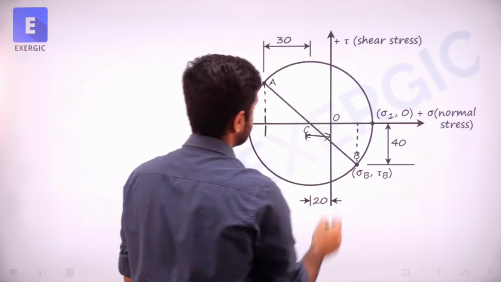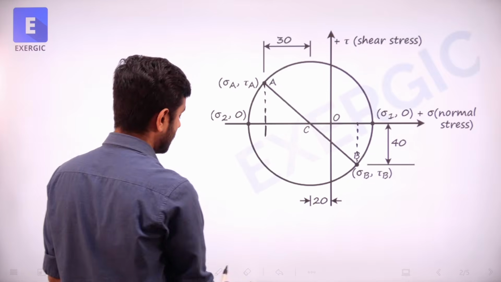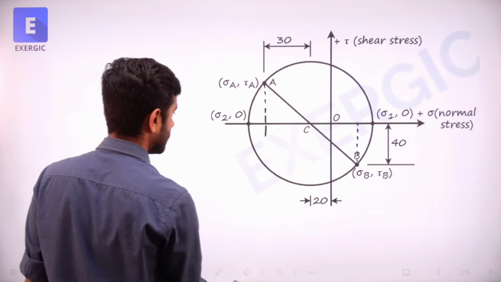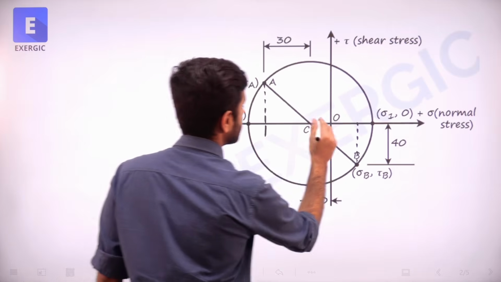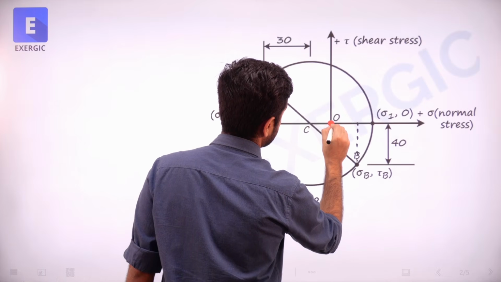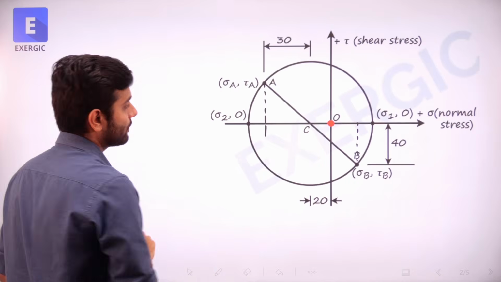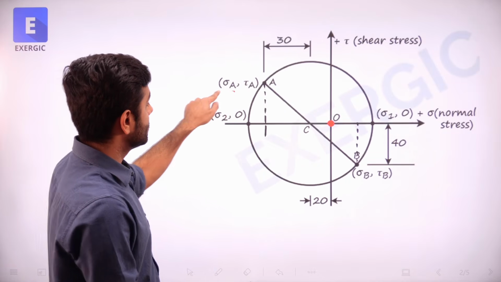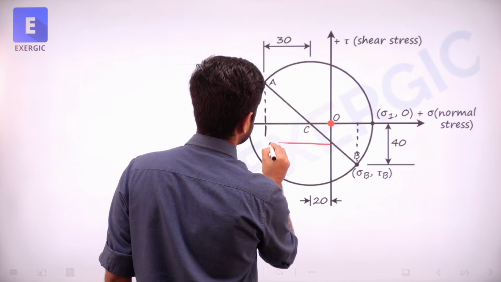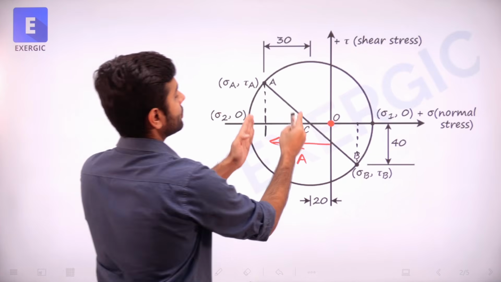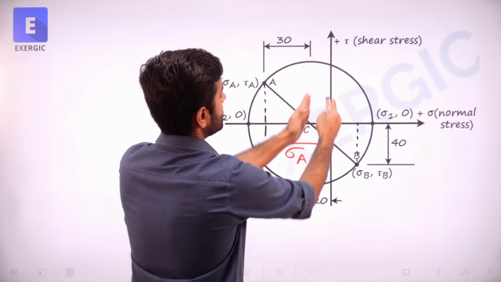Now the question is asking you sigma A. How easy is that? This is the origin. Let me draw the origin in a different color so that it is easy for you to visualize things. Now what you have to do is tell the coordinates of this point, sigma A. This length is sigma A, no? So this length is equal to this length, 30, plus this length, 20.